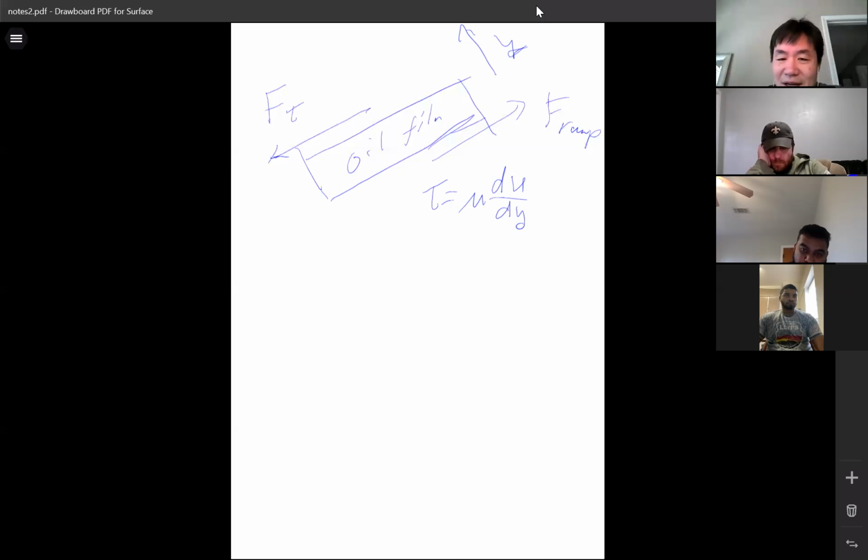So shear stress, look at this. What is the relation between shear stress and the shear force? On the free body diagram it has to be force. Stress is per area, just like pressure. But the free body diagram is a force diagram, so it has to be force. So what's the relation between F tau and tau? Are they both forces?